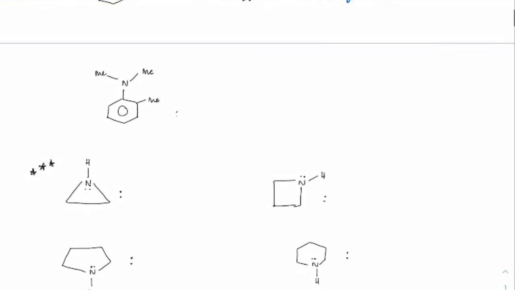First of all, this is a plain IUPAC name. We have N,N-dimethyl group here, and on the second position we also have a methyl, so N,N,2-trimethyl aniline.